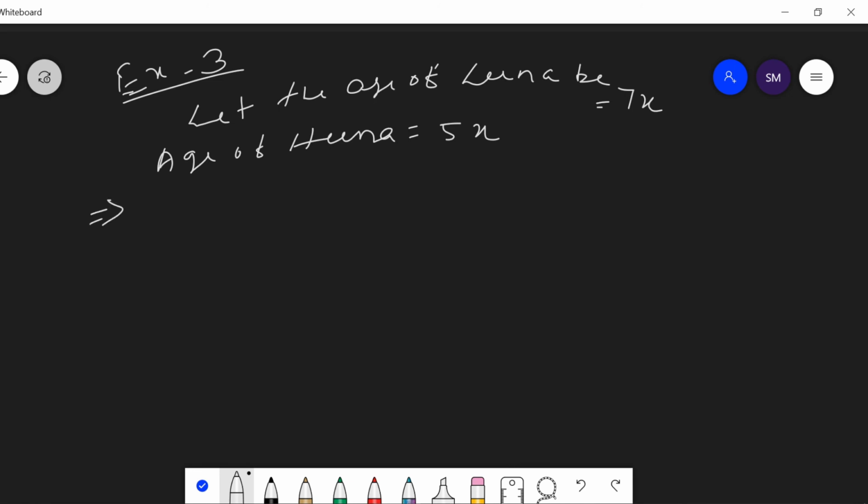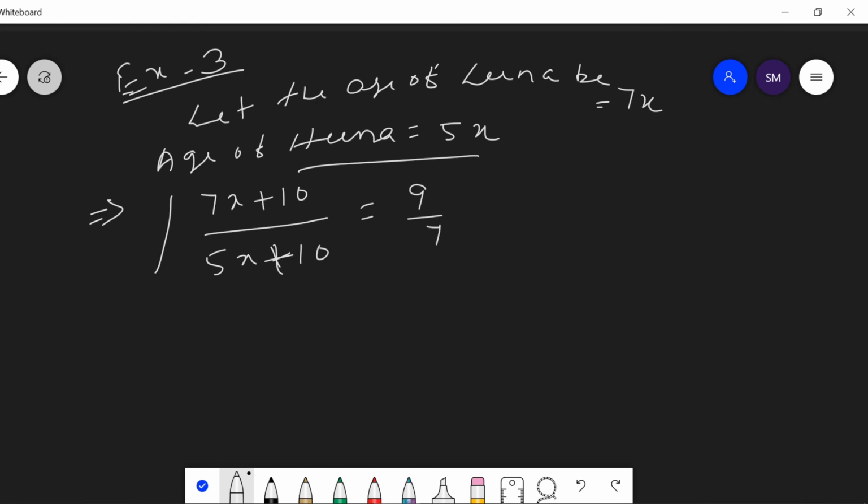This means after 10 years, the age of Lina will be 7x plus 10 and the age of Hina will be 5x plus 10. But the condition is given, their ratio will be 9:7. This is the linear equation of the given question.